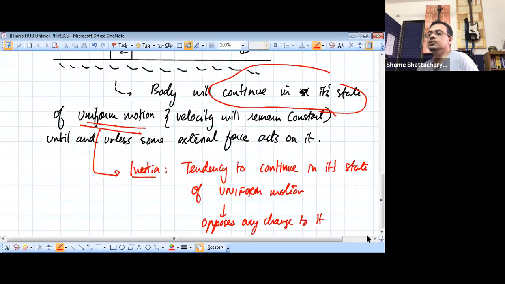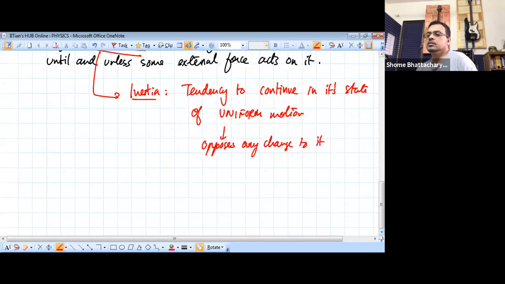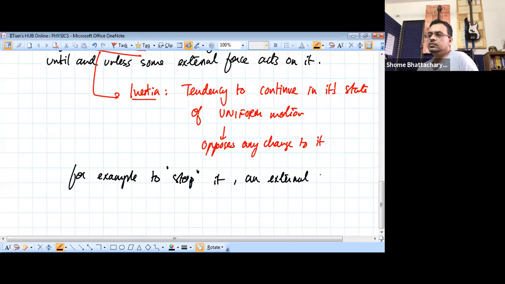So for example, to stop the body, an external force or impulse, we'll get into the definition of impulse very soon, is needed.